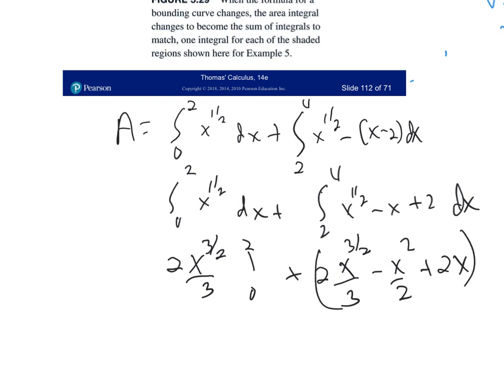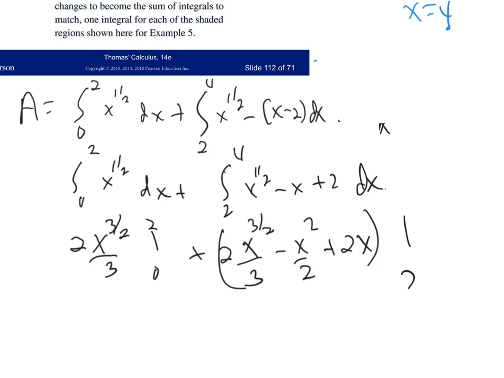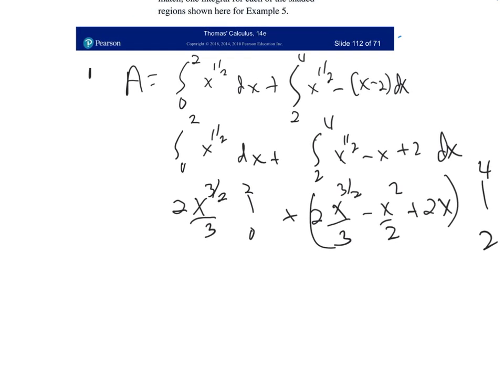All of this is going from 2 to 4. From, plug in the 2 here, that gives me the square root of 8 again, which was the square root of 4 times square root of 2, which is 2 times 2. That gives me the 4 square roots of 2. We've done this before. Plug in the 0, I get a 0.